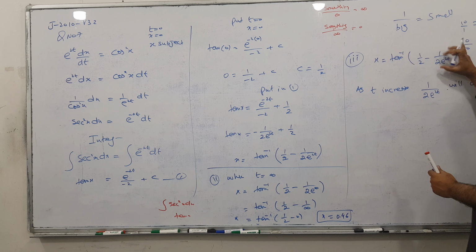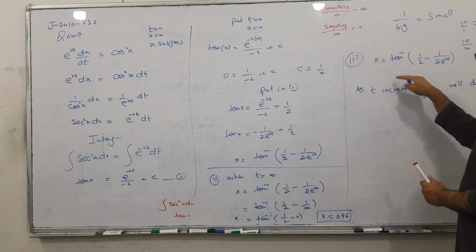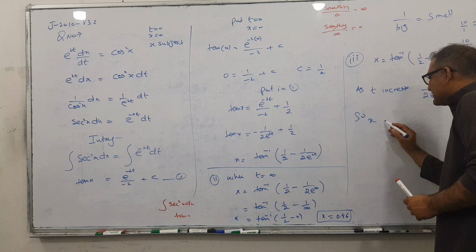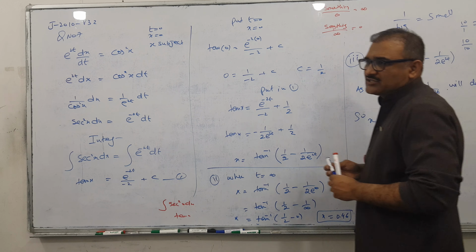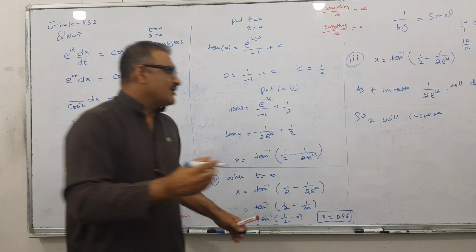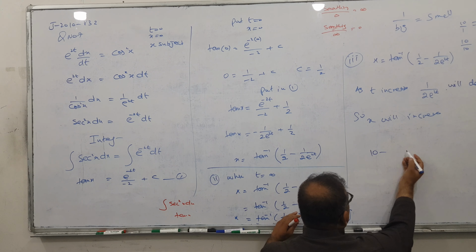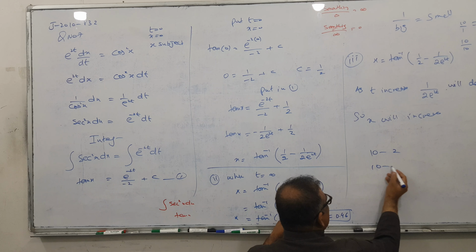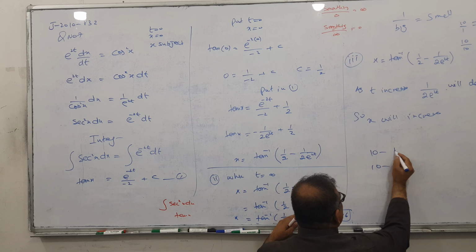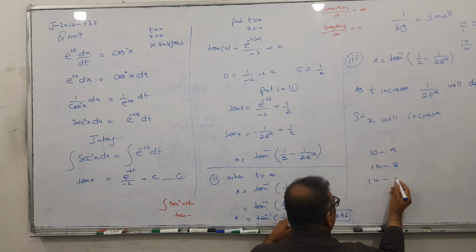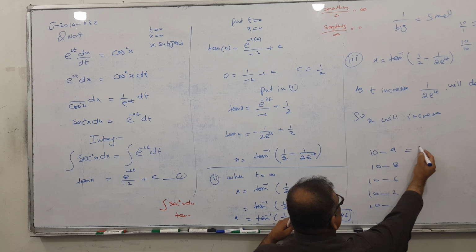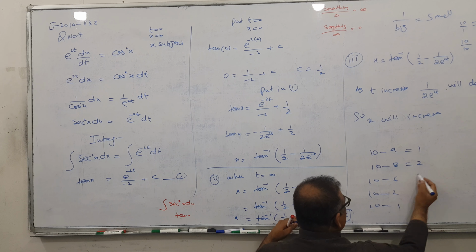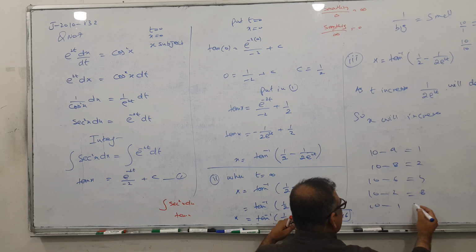So if this becomes smaller, then x will increase. You ask, how is that possible, sir? Look here, my question to you. From 10, if I subtract 9, 10 minus 8, 10 minus 6, 10 minus 2, 10 minus 1: what is the answer? 1, then 2, then 4, then 8, then 9.